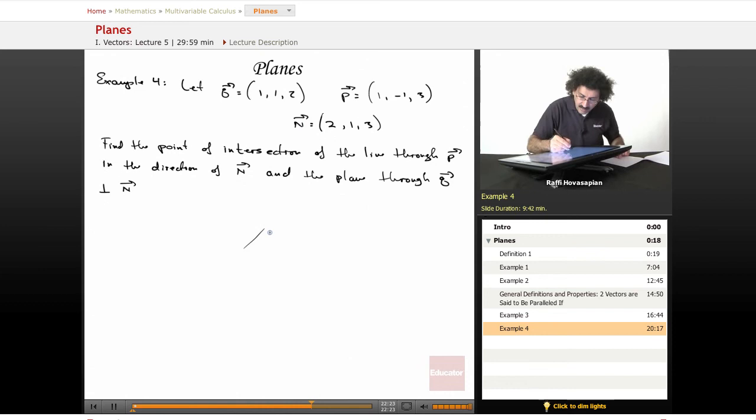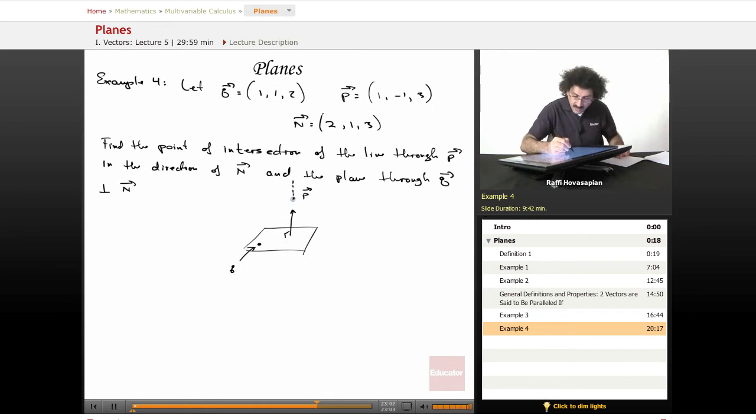So we have this plane. Here's a plane, and I'll put Q here. So this is Q. Then we have a line which passes through P. So here is some P, and it moves in the direction of N. So I'll put N right on this. N is like that.